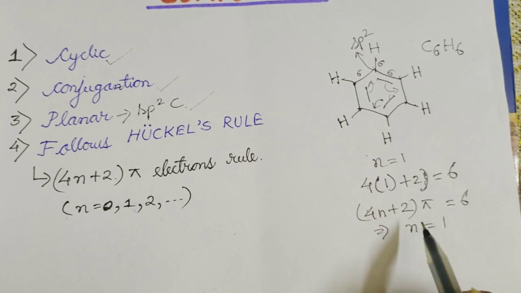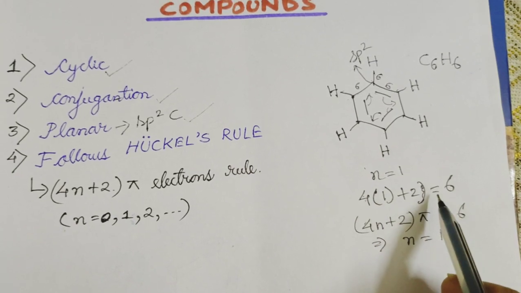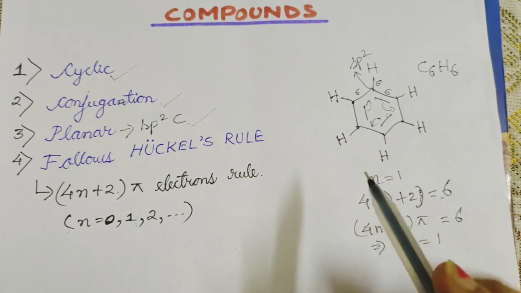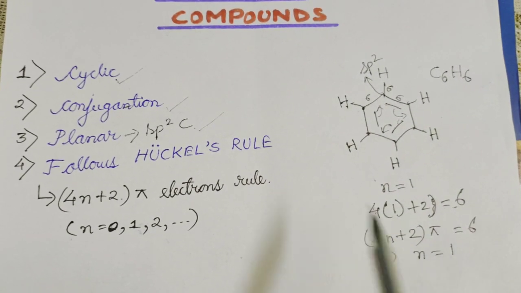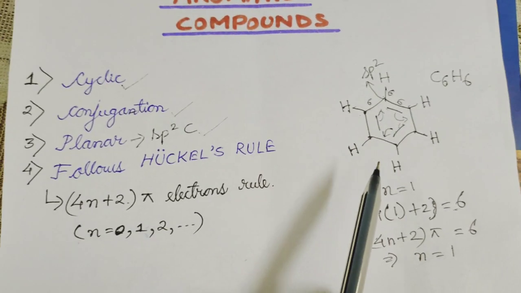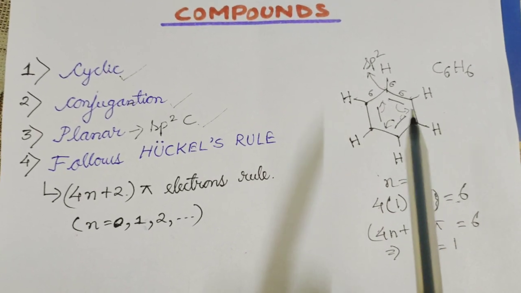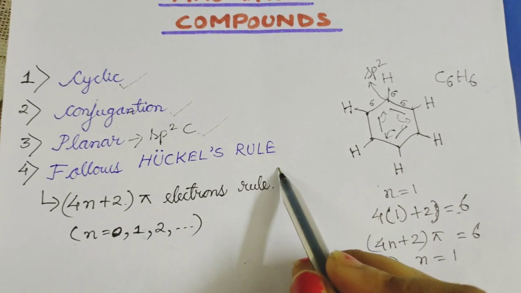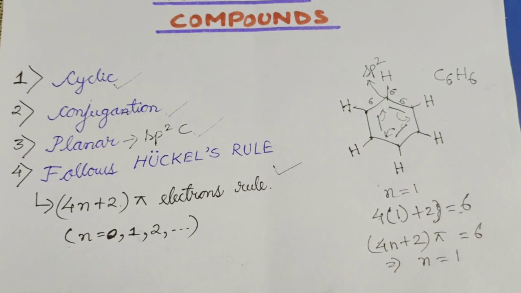So now putting n equals 1, we get 6. So 6 is the number of pi electrons involved, and it is matching with Huckel's rule. That's why this benzene ring is following Huckel's rule too. So it is meeting all the 4 criteria. Hence this benzene ring is aromatic.